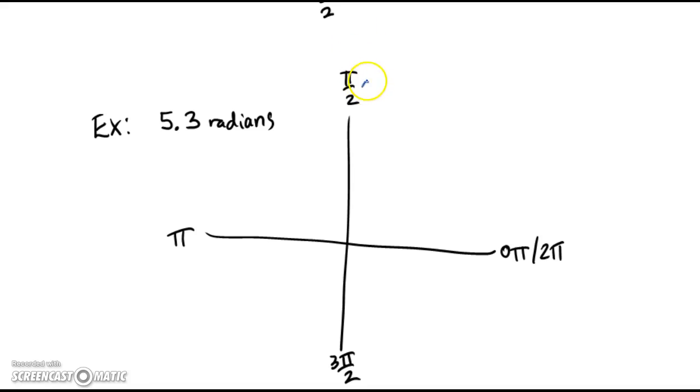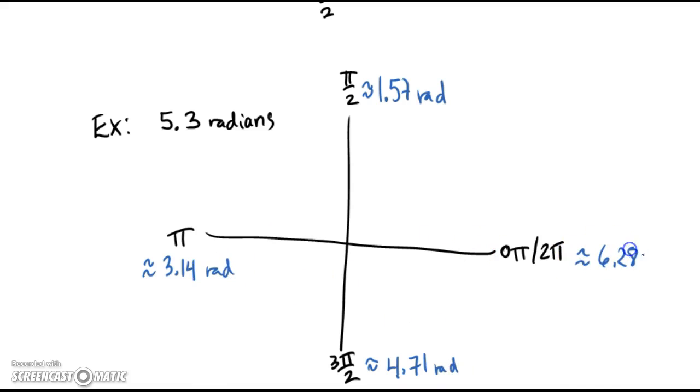So pi over 2 is approximately 1.57 radians. Pi is approximately 3.14 radians. 3 pi over 2 is approximately 4.71 radians. And 2 pi is approximately 6.28 radians.